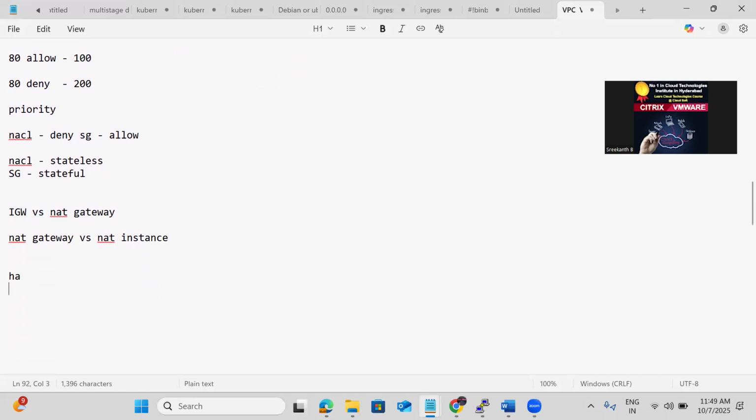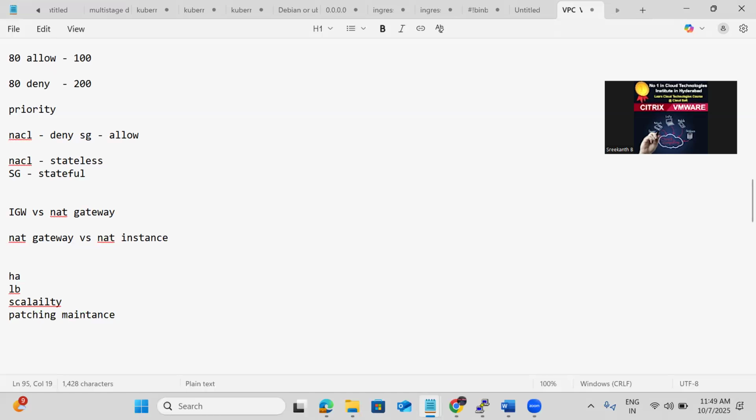That means high availability, load balancing, scalability, patching, and maintenance, AWS will take care of. We need not worry about all these; that is the responsibility of AWS itself.